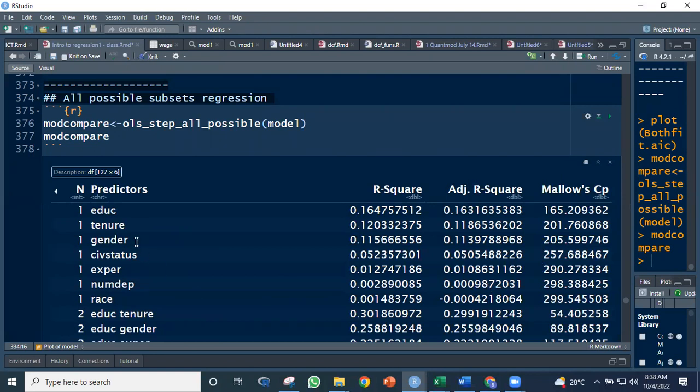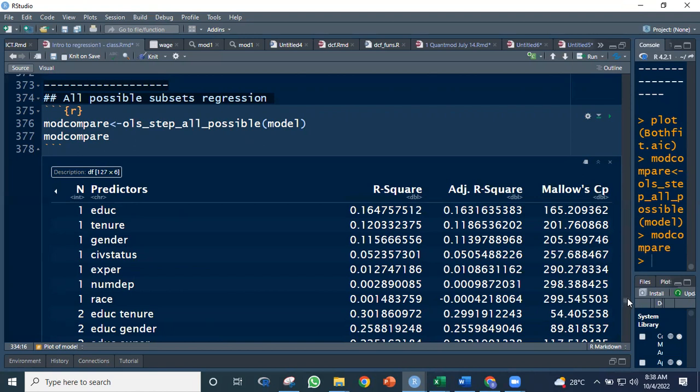So this tells us, in terms of adjusted R squared or Mallow CP, sino yung pinakamaganda? Siyempre, the higher the adjusted R squared, the better. So it turns out that education, based on adjusted R squared, is the best. And based on Mallow's CP, it's the best. Kasi parang AIC to it. The lower, the better. Okay?